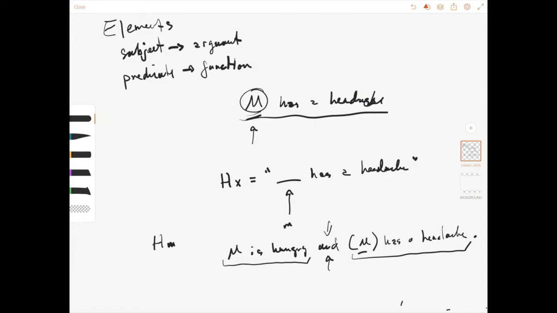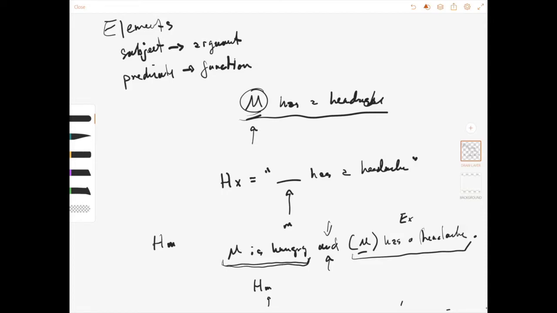So if we take the approach that we did above and we represent Matthew is hungry with the function blank is hungry and the argument Matthew inserted, and let e of x represent blank has a headache.